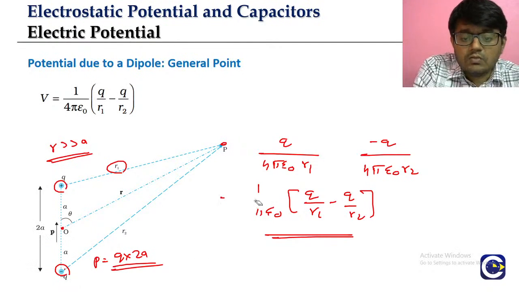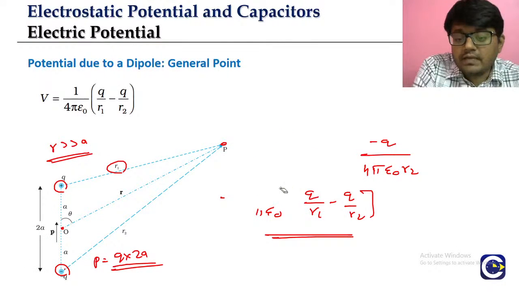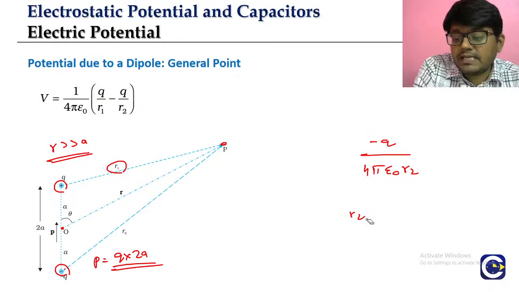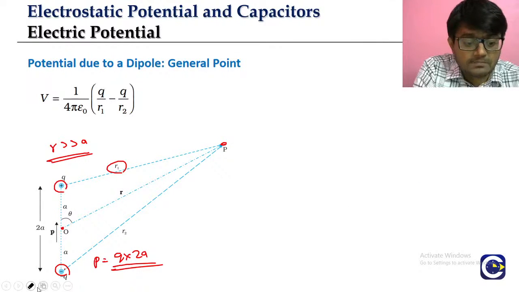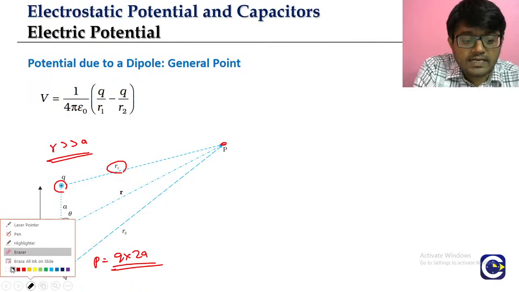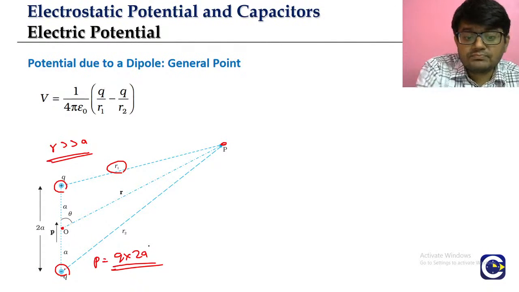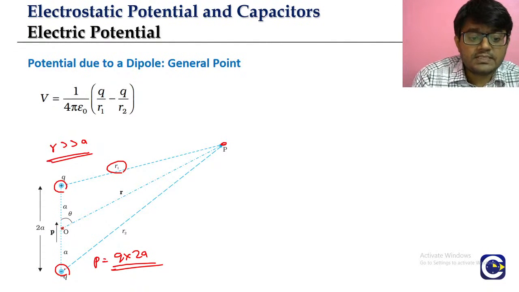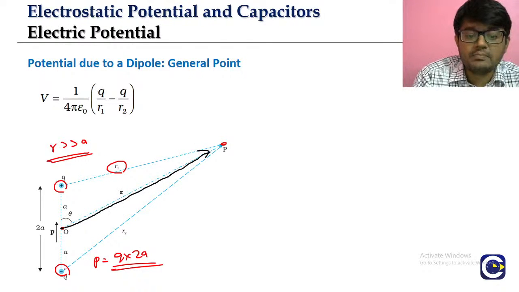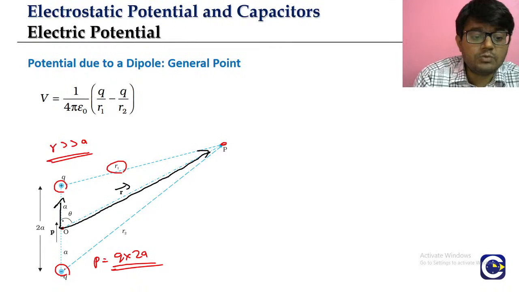Whenever we are talking about a general point, we represent it using the distance r of the point P from the center of the dipole, and the angle between the position vector of the point, r bar, and the dipole moment vector.